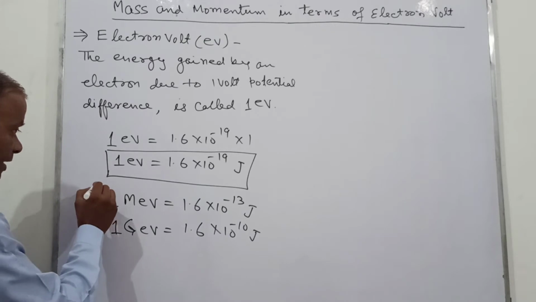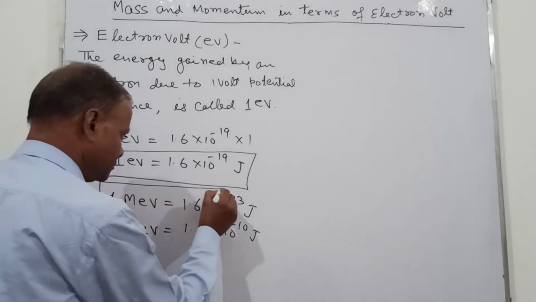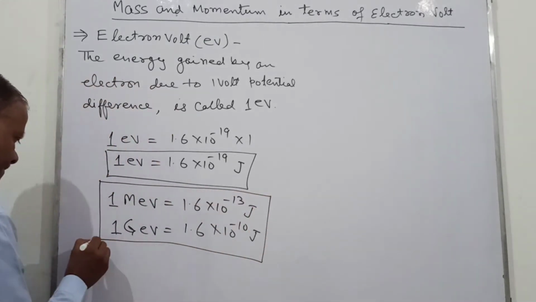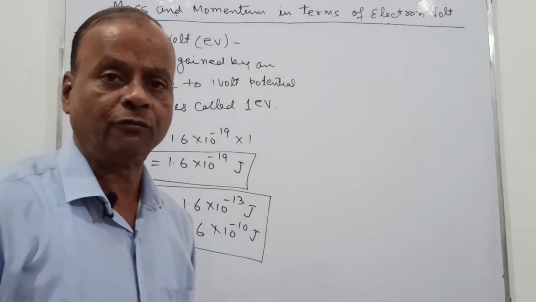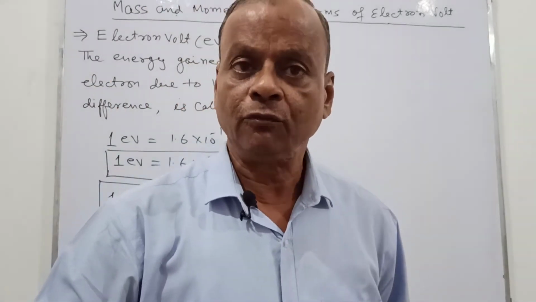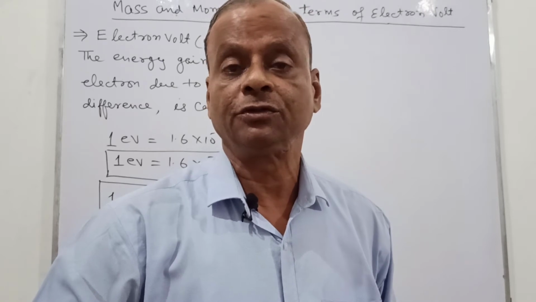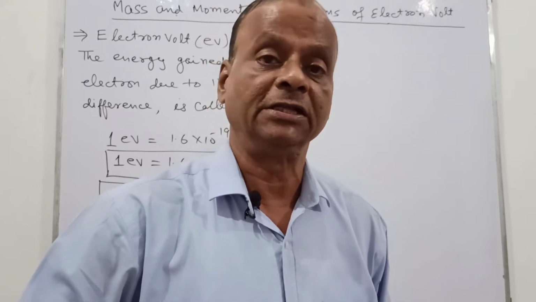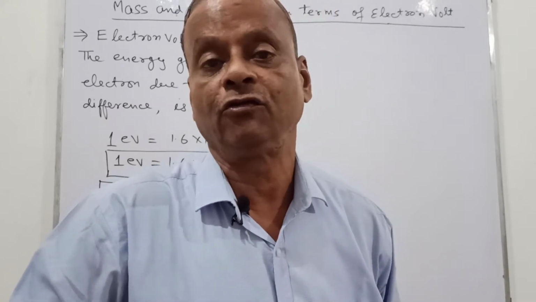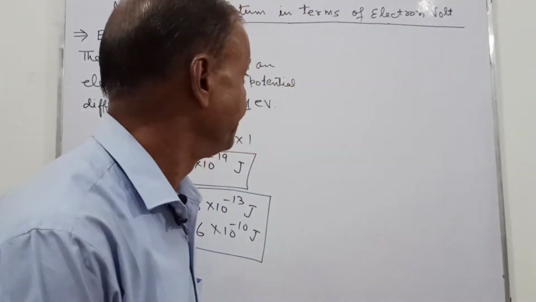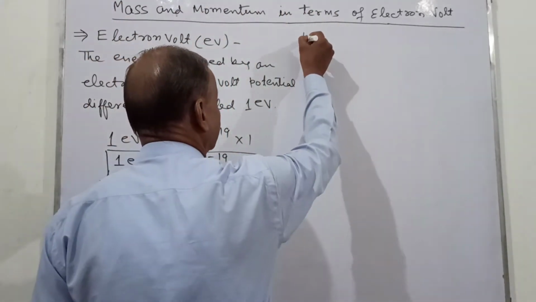This is the relation between the electron volt and the joule. Electron volt is the smaller unit, bigger than this is mega electron volt, and then bigger is giga electron volt. So now let us look at the units of energy.